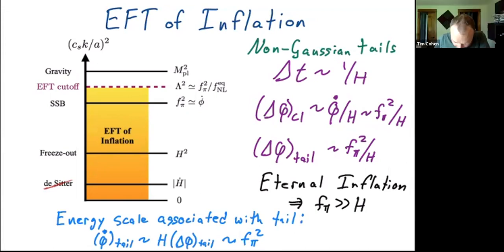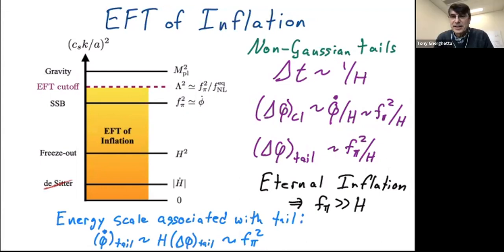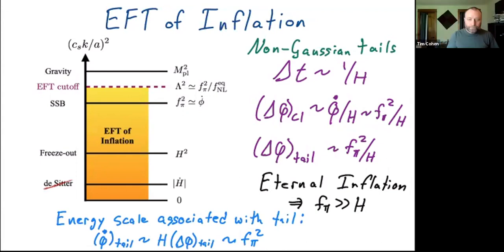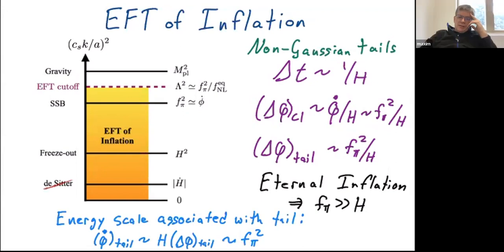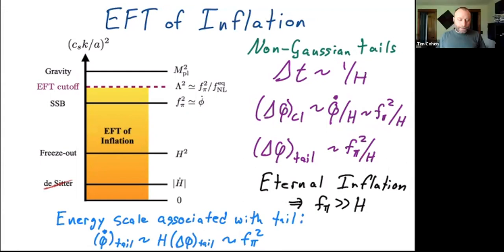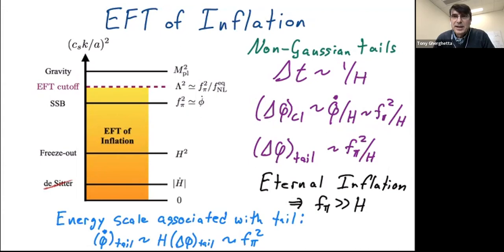Exactly. Okay, that makes sense then. Like in the normal chiral perturbation theory, it's some momentum of a mode divided by f_pi, right? Exactly. So your expansion here is H over f_pi.